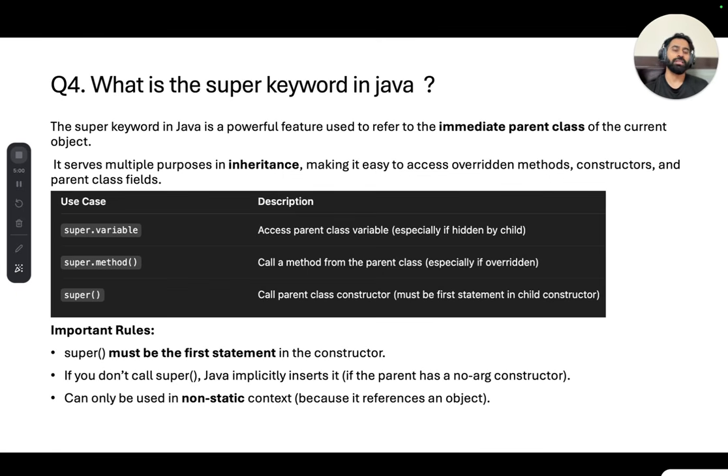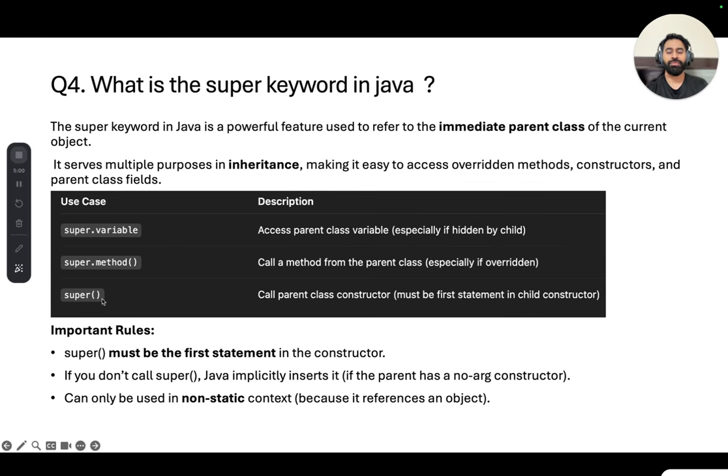Here, one important rule you have to take care of is that super must be the first statement in the constructor. Java implicitly inserts it if the parent has a no-arg constructor.